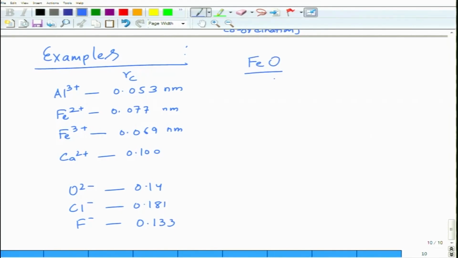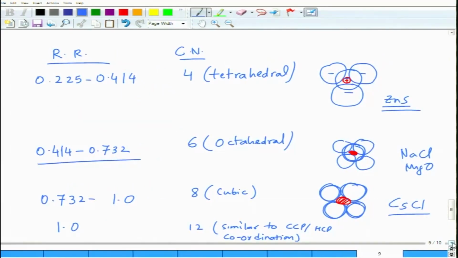So, let us say first we want to take the example of FeO. Okay. If you take the example of FeO, Fe has a radius of 0.077 and oxygen has a radius of 0.14, and the radius ratio that you obtain is nearly 0.55. So, if you go back to the previous table, where does 0.55 fit in? It fits in here.